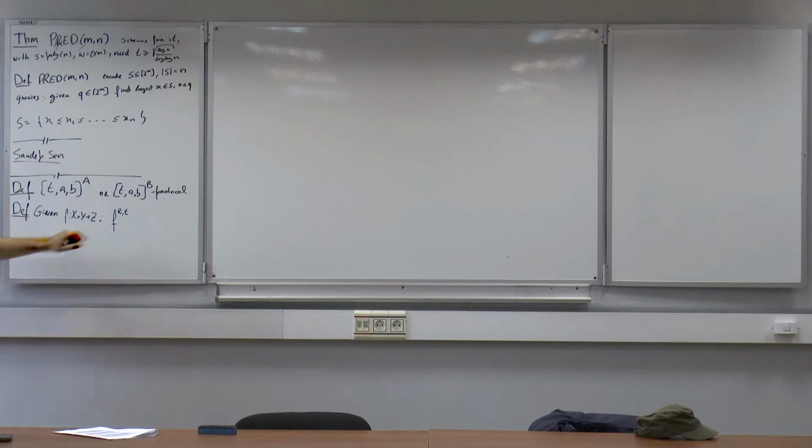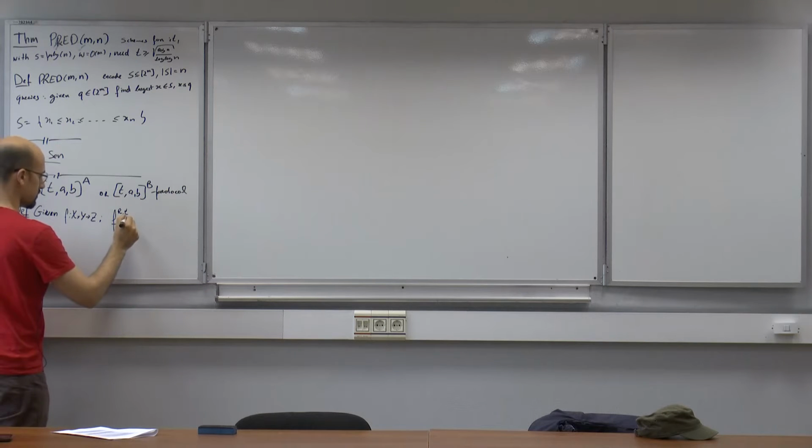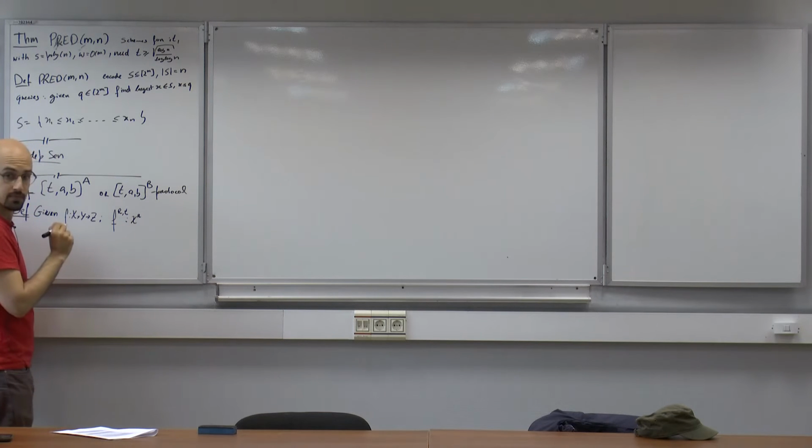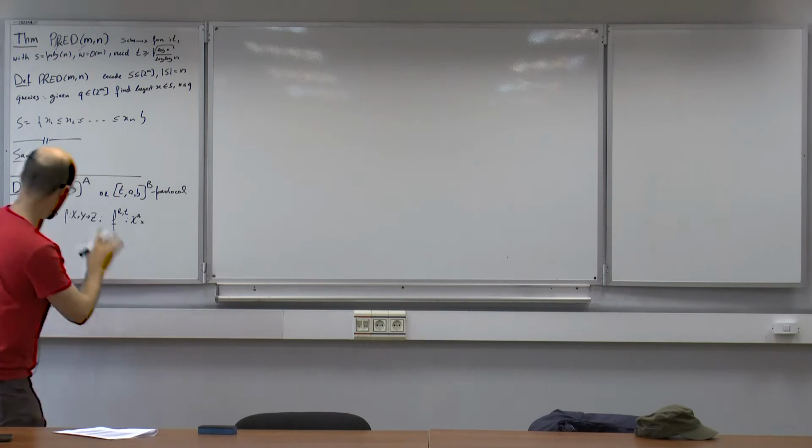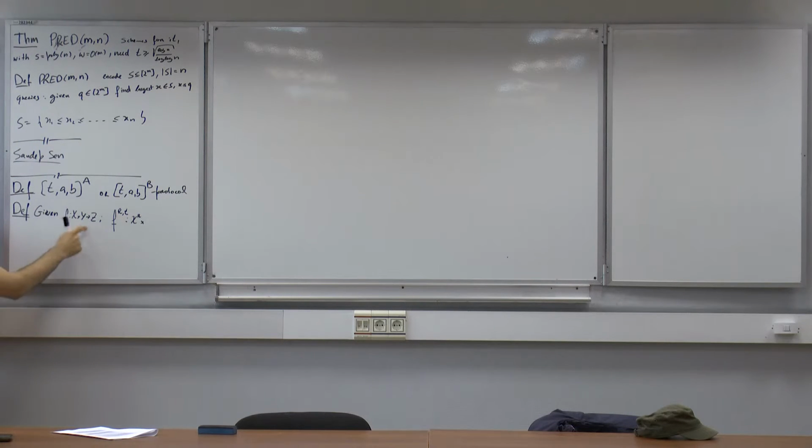Now I'm going to define another communication problem, f of r, which is not t. What's f of r? In this problem, Alice gets r instances of x: x1 up to xr.